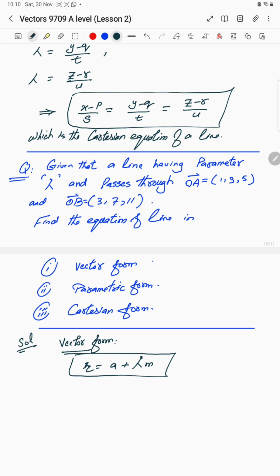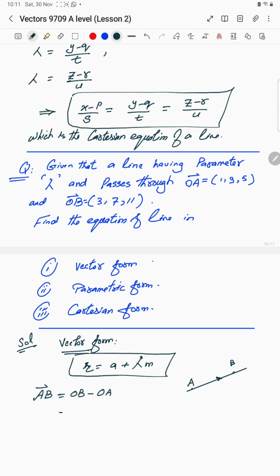We have two points, OA and OB, and m is the direction vector. Suppose we have A coordinates here and B here. The direction vector, if we start from A to B, AB is OB minus OA, right?